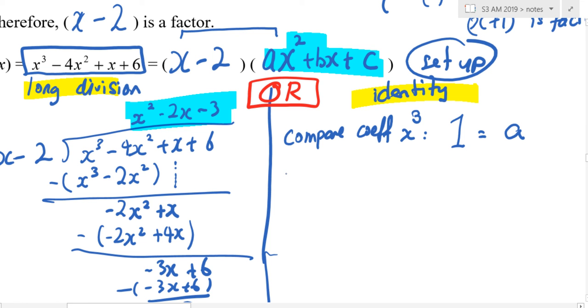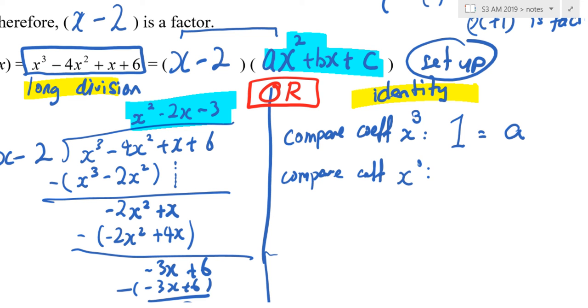Now, last one. Compare the coefficient of x power 0. This one is also the easiest to compare. No need to have a lot of multiplication. On the left hand side, what is x to the power 0? 6. So I write 6. On the right hand side, which one will give you a constant?